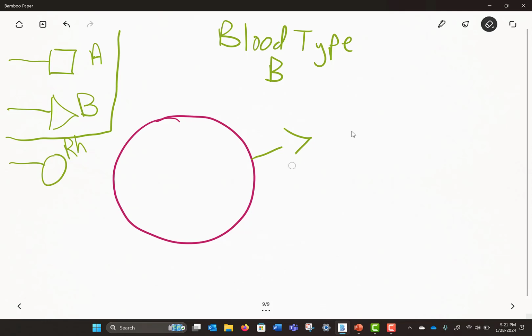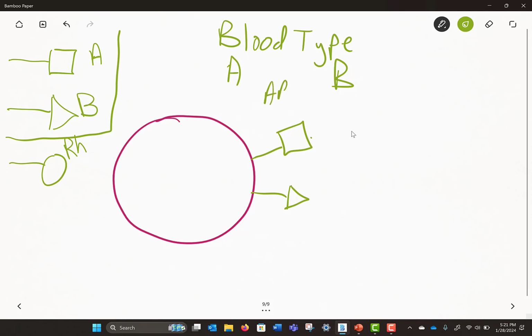So let's try another one. Let's say we look and this person has a lot of antigen A on the surface, but they also have a lot of antigen B on the surface. They have both. So we could say this person has antigen A and antigen B. So this person is blood type AB.